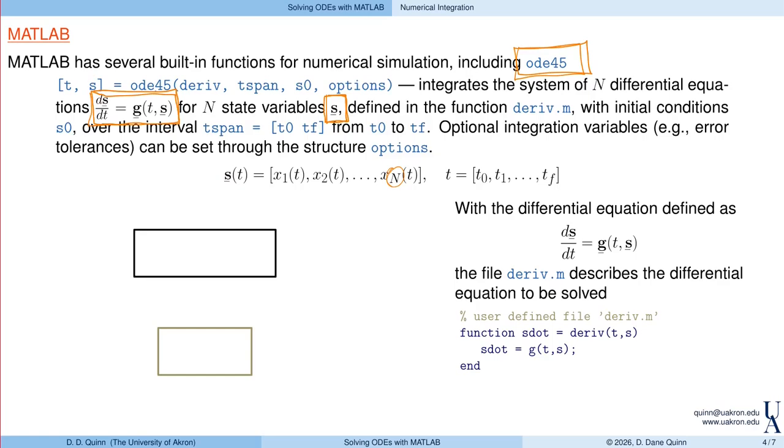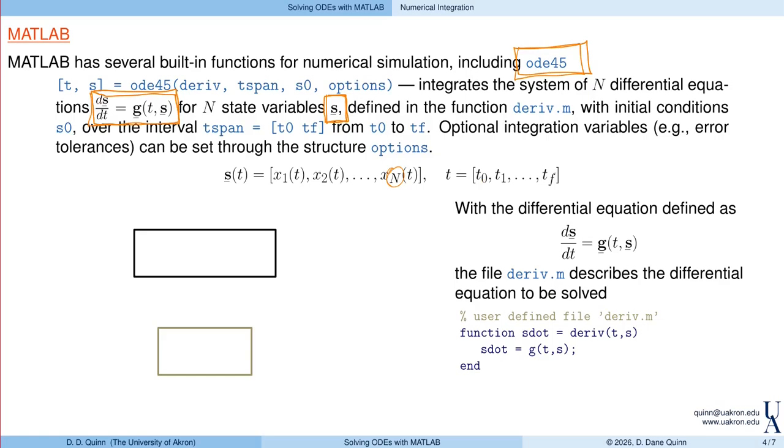So the result of this is S as a function of t. So it would be x1 as a function of time, x2, the second coordinate, as a function of time. And as mentioned before, the time is given at discrete values. So we'd have a whole series of times at which we produce this solution from t0 to t final.